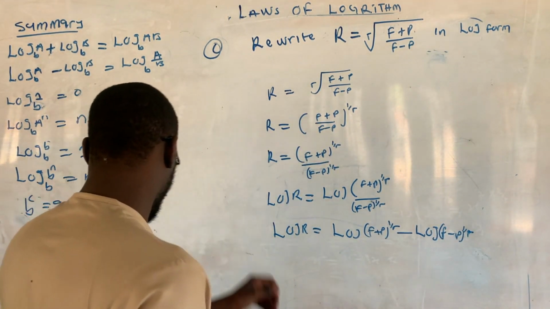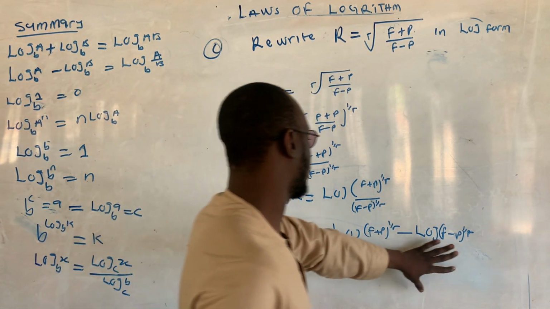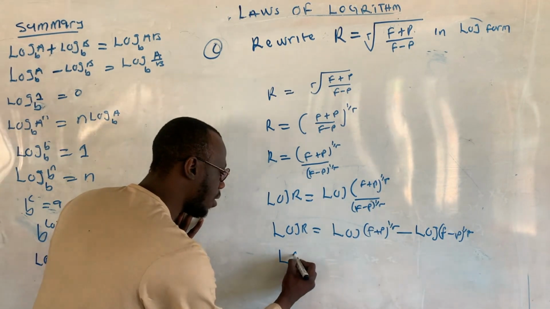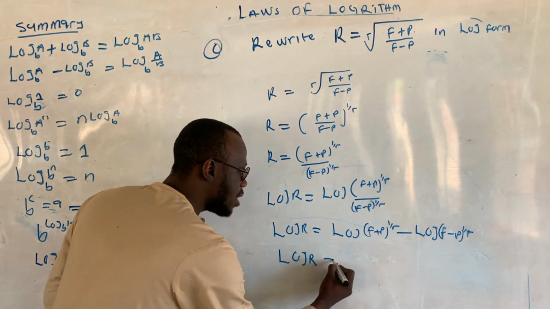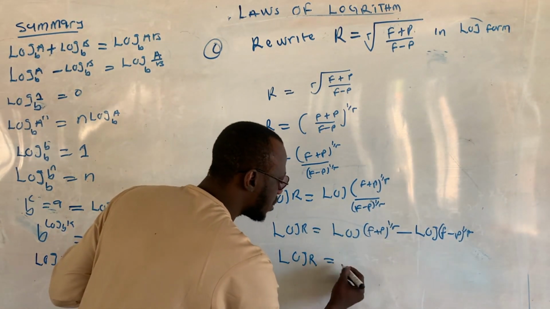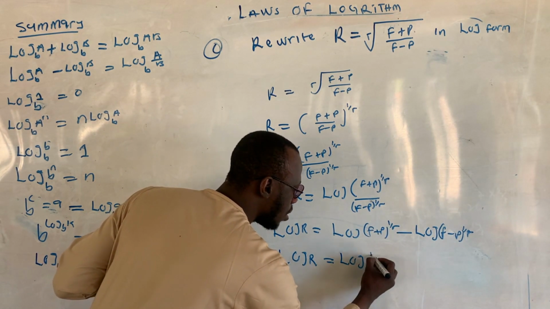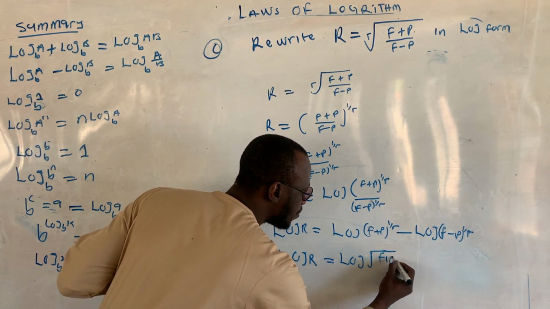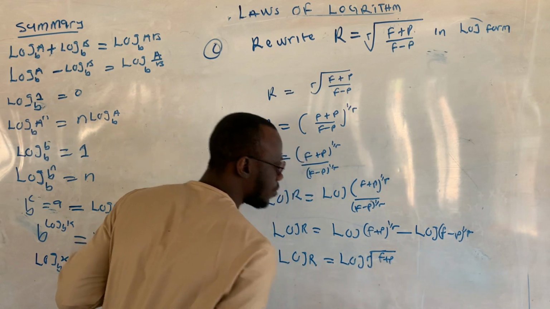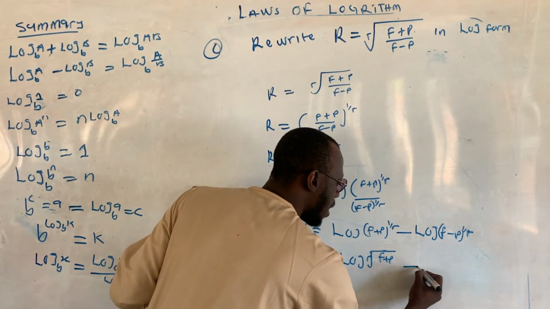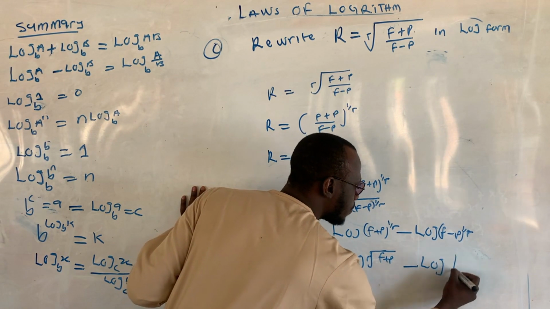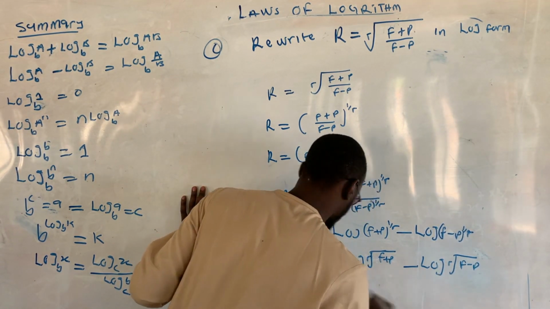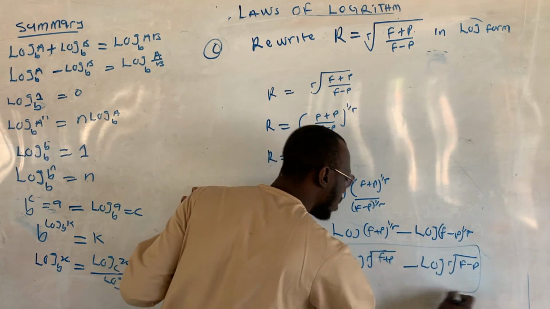You can leave the equation like this, but you can still write it in the form: log r equals 1 over r log (f plus p) minus 1 over r log (f minus p). This should be our answer.